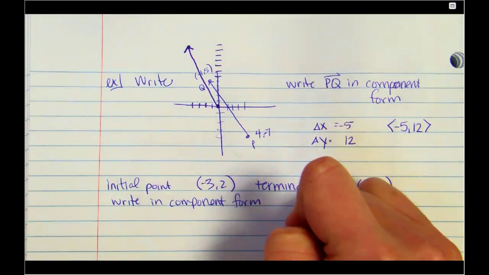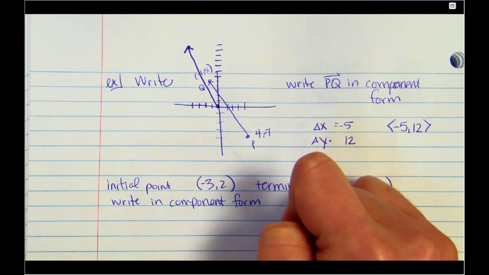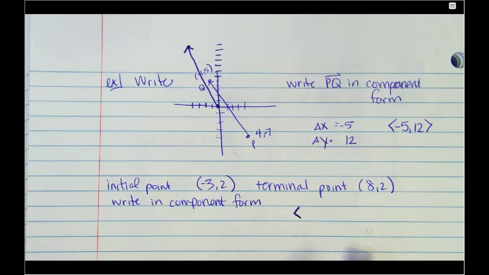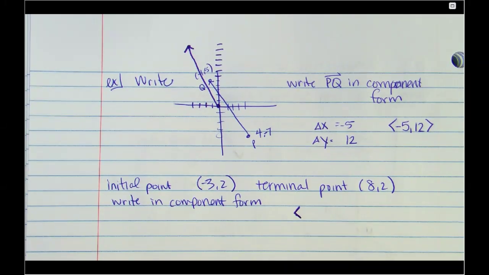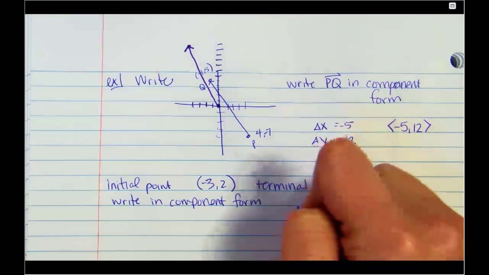This one's pretty easy. It takes longer to write it down than it does to do it. What's our first number? 11. What's the second number? 0.